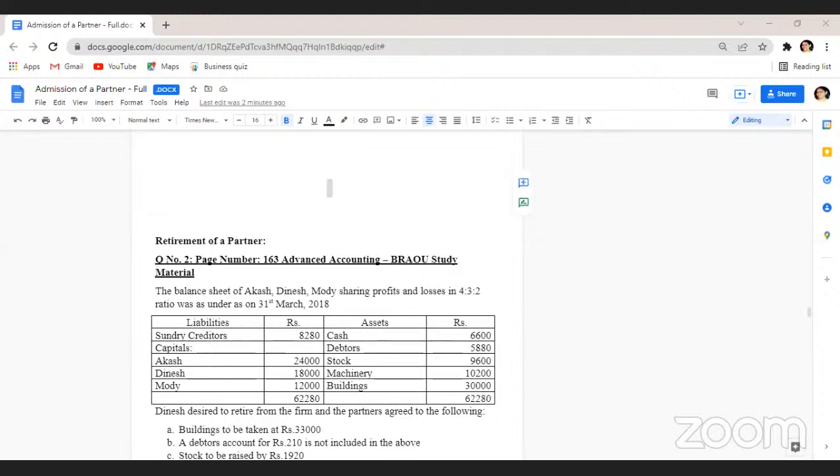What are these? 33,200 and 18,800. Whatever, the total is going to be the same. Now you will get it. So this is going to be your new balance sheet.